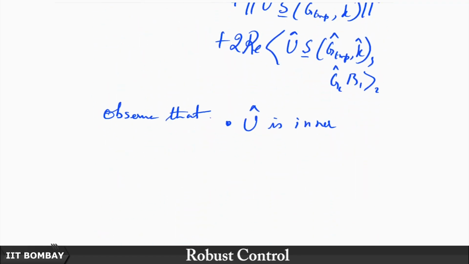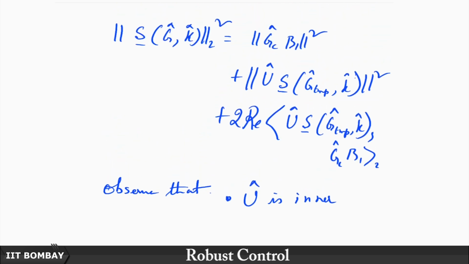So, if this U hat is inner, okay, we will come to what that will lead to. Already you can see if the U hat is inner, then this norm will remain invariant under the action of U hat. So, the norm of this is the same as the norm of the star product of G TMP and K hat alone. You can get rid of this U hat, it matters not in terms of the norm, okay. But we will write that all finally in a nice manner.